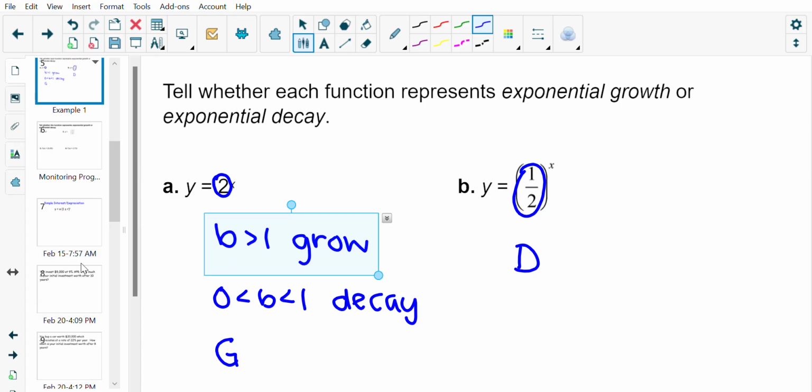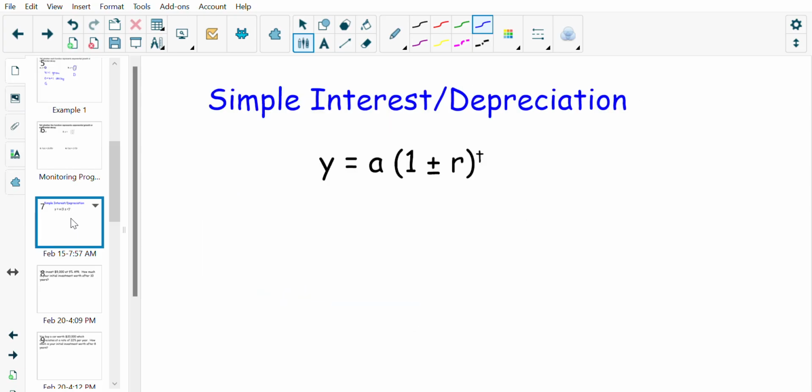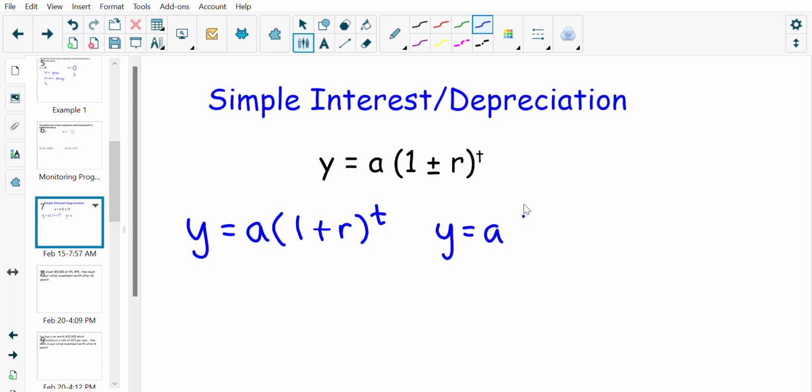So let's go to our word problem. If you remember in class yesterday, we have two equations really here: 1 plus r raised to the t, and then we also have 1 minus r raised to the t. We use these two equations anytime we see a percent symbol in our problem, but we do not see the word compound.